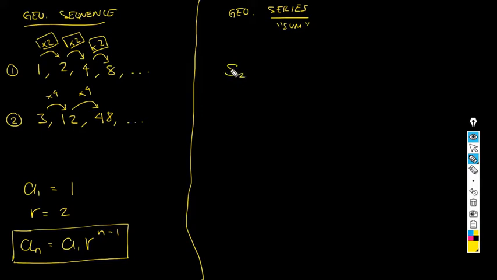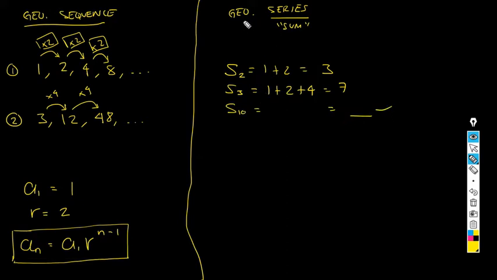And this is read as the sum of the first two terms of this sequence. And that would be 1 plus 2 equals 3. I can sum the first three terms of the first sequence, and that would be 1 plus 2 plus 4, which is equal to 7. I can add the first 10 terms, and so on and so on.